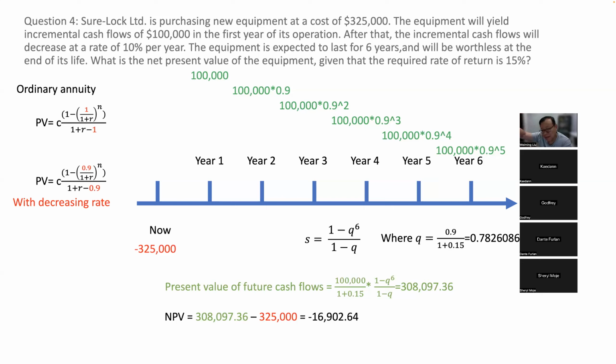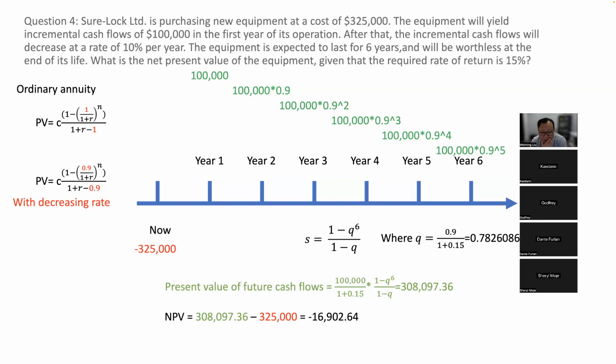But in this model, the next year is only 90% of the first year's cash, so that's 0.9. I'm going to replace these two ones using 0.9. Yeah, that's the formula for this kind of model, okay?